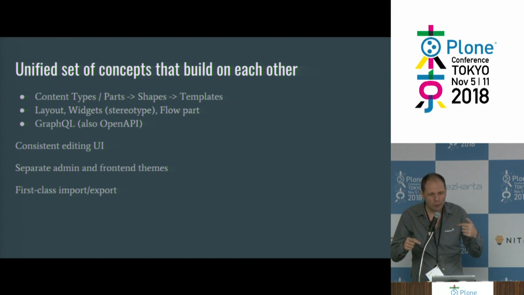When you're working with content in a template, for example, you're dealing with the shape of that content. You don't get rendered HTML that you need to wrangle. You get key value storage that you can go through.